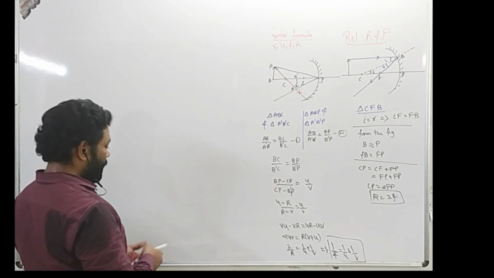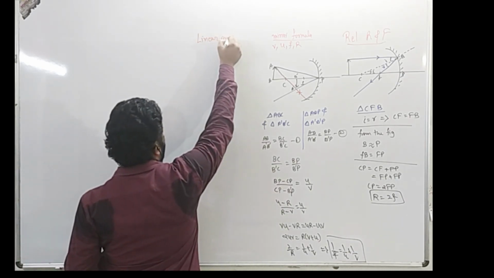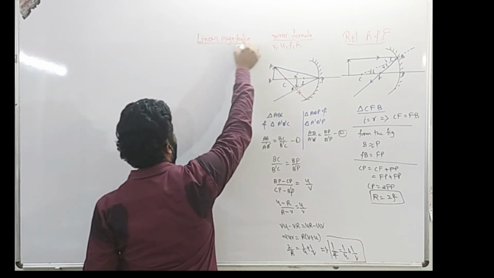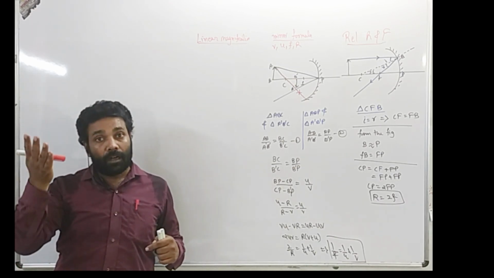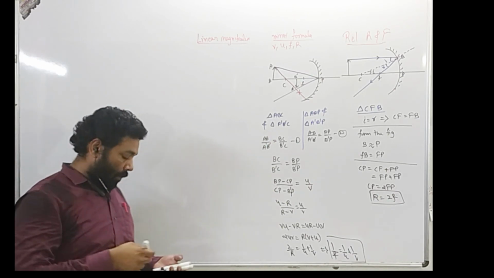Next we have linear magnification. Linear magnification is helpful in comparing the size of the object and image, whether the object is bigger than the image or the image is bigger than the object.